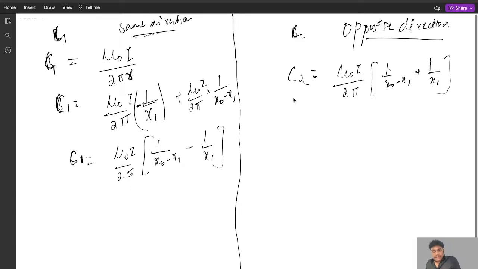So we find the value of magnetic field at that point.